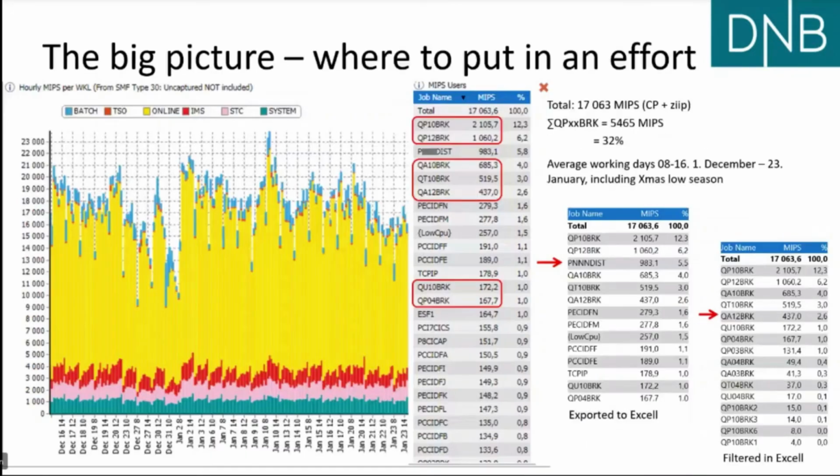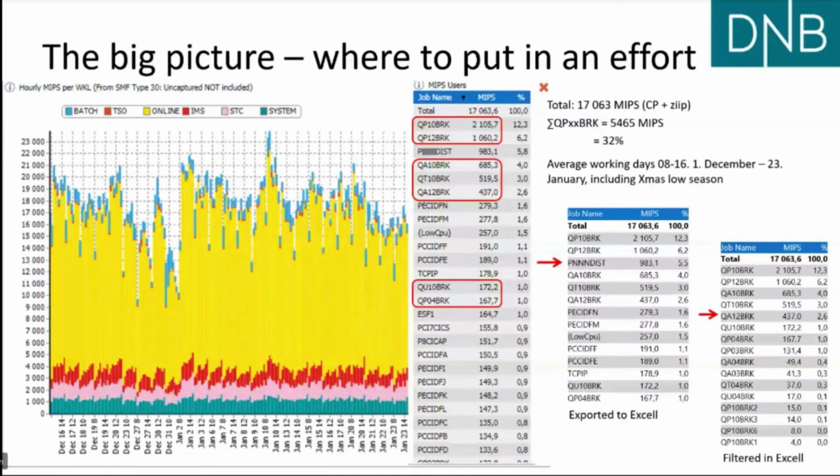So then we have to try to find out what to do, where to put in an effort. And here is really one good way of using it. We could look at some workdays, I think I just took a month. What is executing a lot during daytime, or not executing a lot, but using a lot of MIPS for CPU?